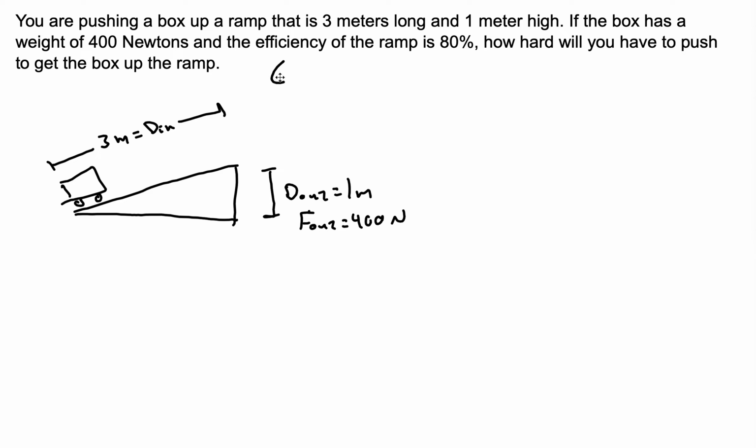Now it also says that this time there's friction, and so the efficiency is 80%. And I want to know, how hard do I have to push? So that's going to be the input force. So in this time, we're kind of like back in the real world. There's actually friction.